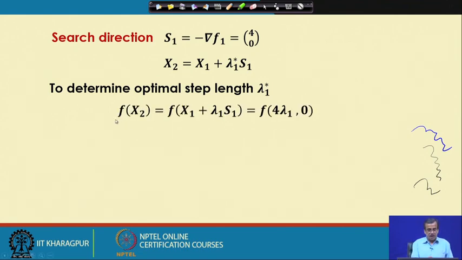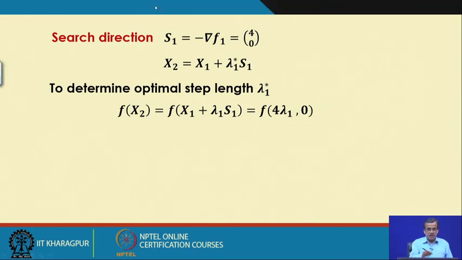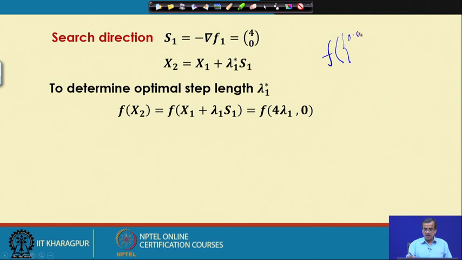We try to find out f of capital X2, which is f of capital X1 plus lambda1 S1. If I substitute the values here, this becomes f of (0, 0) plus lambda1 times S1, and S1 is 4, 0.